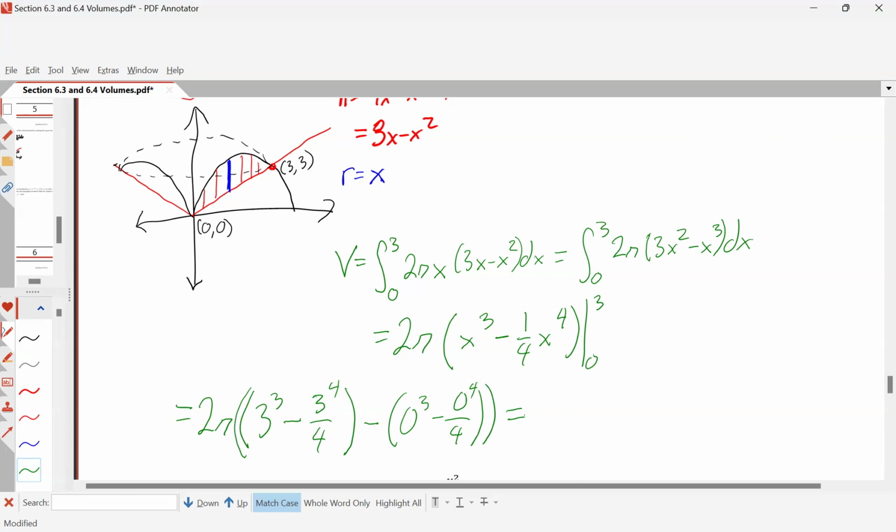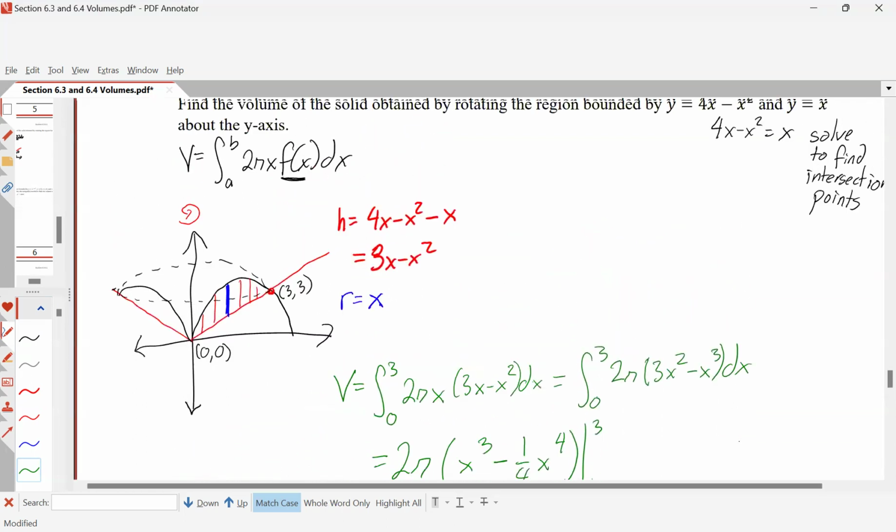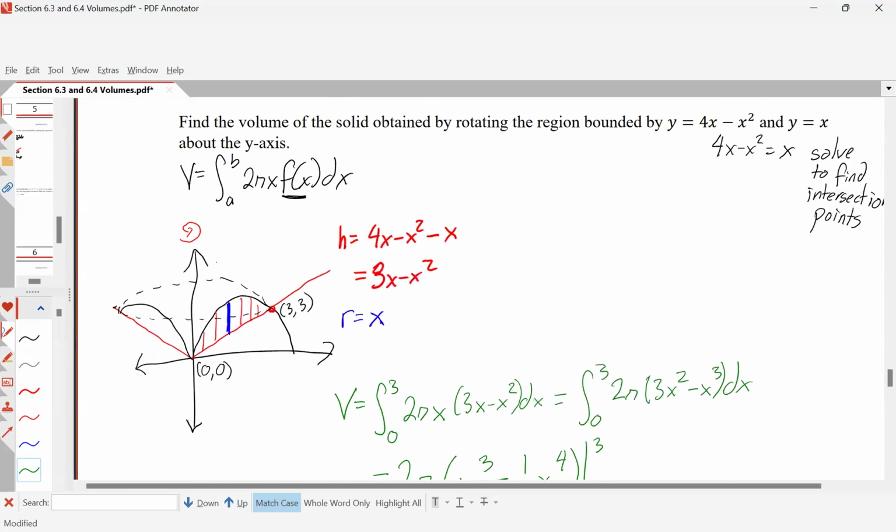Evaluating that out works down to be 27 pi over 2. And that is the volume of our solid formed when rotating this region around the y-axis.